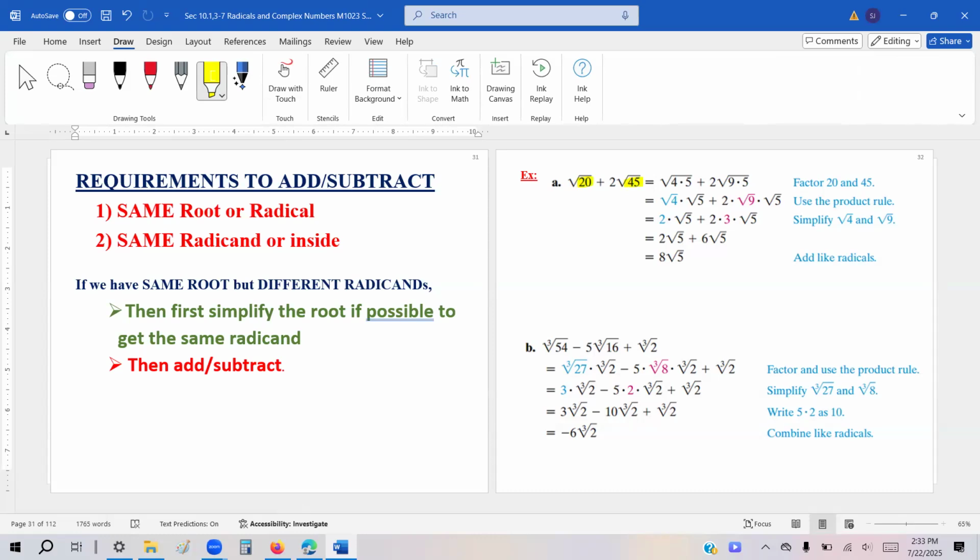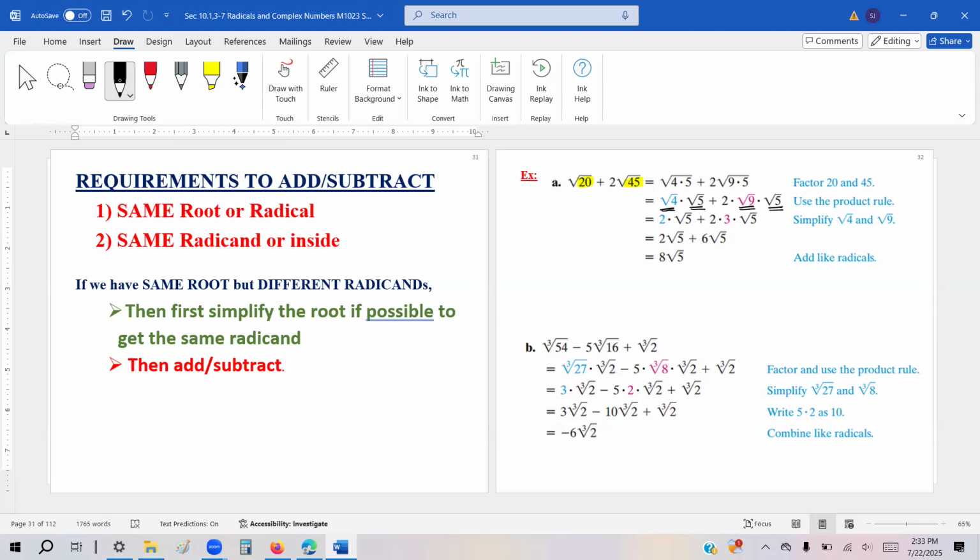But you cannot give up here, because you can break down 20 and 45. 20 is 4 times 5, and 45 is 9 times 5. That means you can write square root of 20 as square root of 4 times square root of 5, and square root of 45 as square root of 9 times square root of 5.